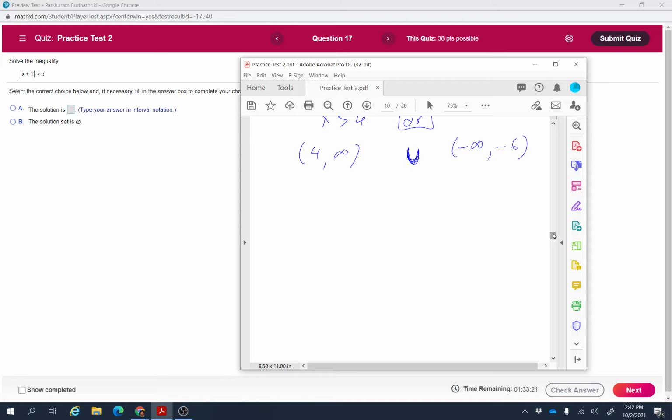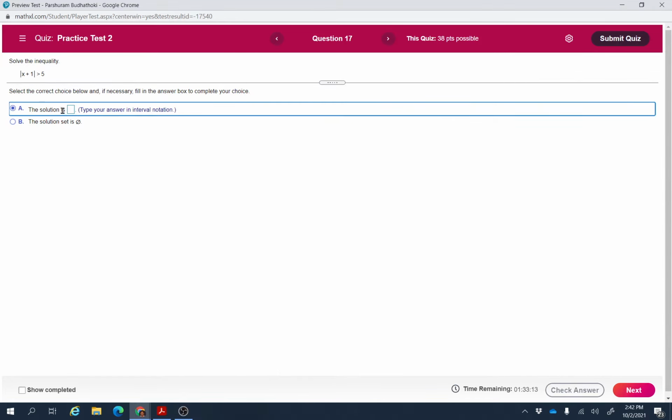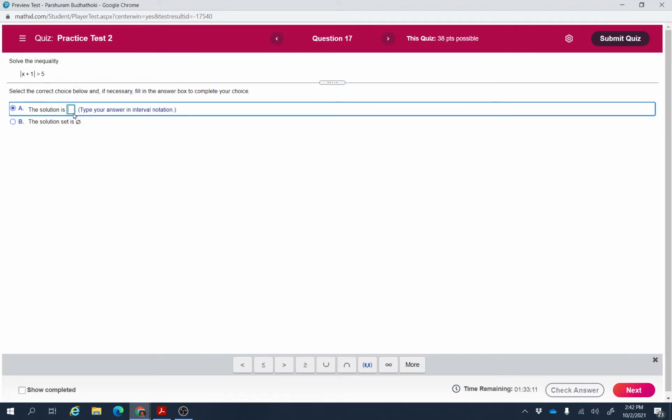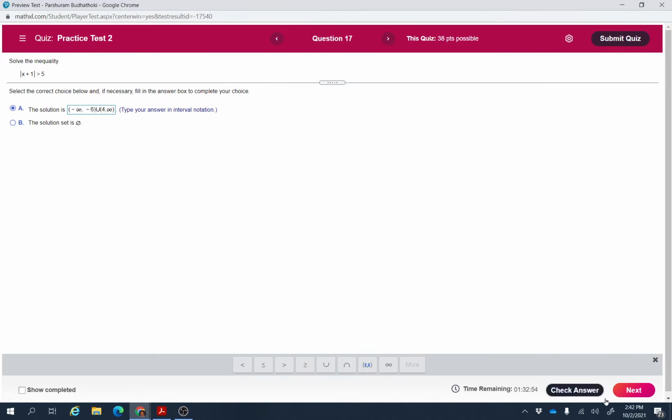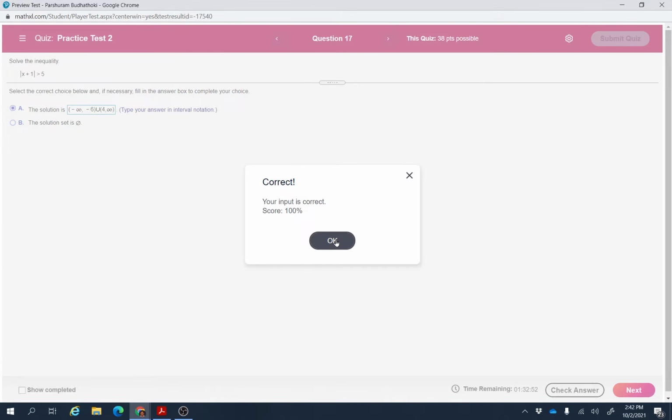So you start from the negative number, union, and then the positive number. So that would be your final answer: -infinity to -6 union 4 to +infinity, not including -6 and 4.